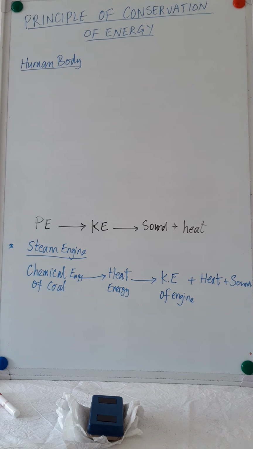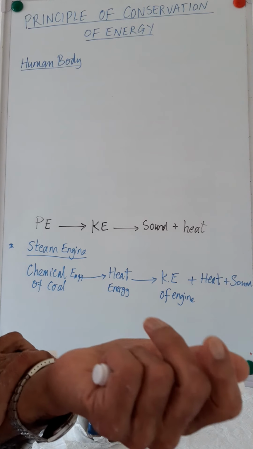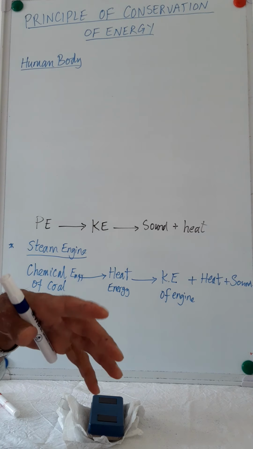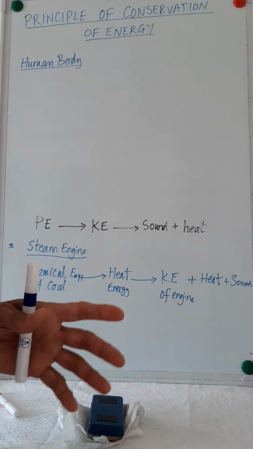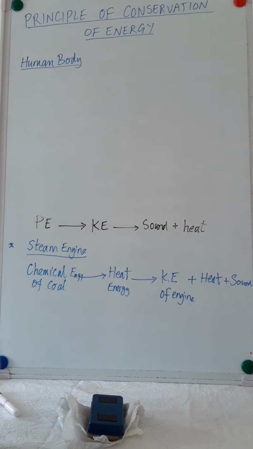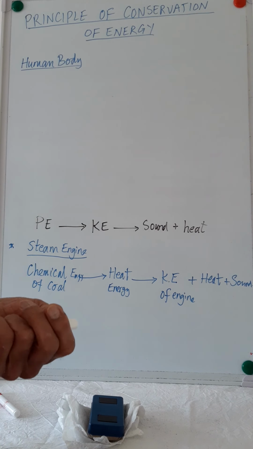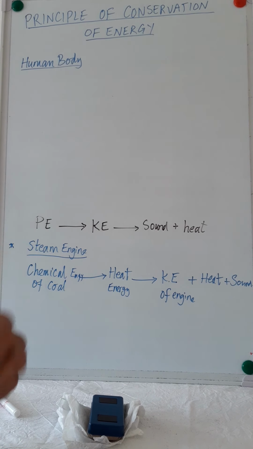Well, I can move around. I have a body temperature which is constant. So I've got heat energy, I've got kinetic energy, I can speak, I have sound energy. Where does all this energy come from? Well, it comes from the food that I eat. It's the chemical energy of the food.